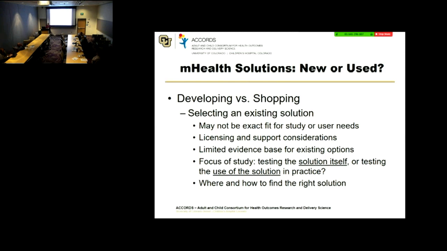There's a limited evidence base out there for a lot of existing options. Sometimes that offers potential, because a lot of times innovators and digital health companies are really interested in finding out whether there's an evidence base for their product. So they are often interested in partnering with research teams who have that level of expertise.